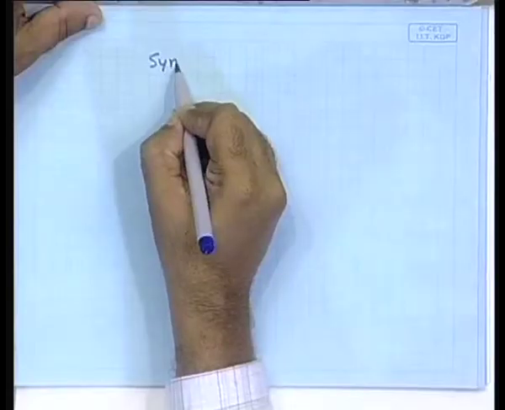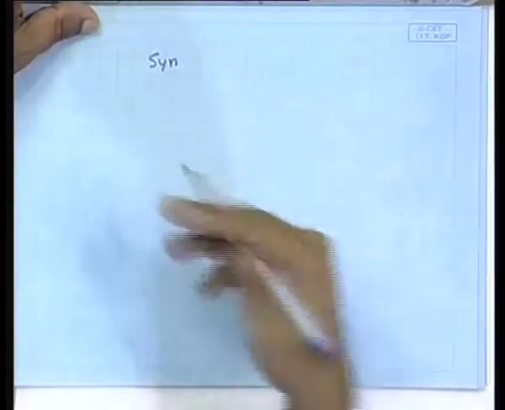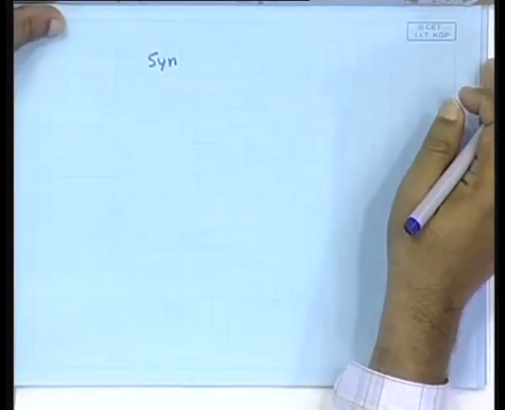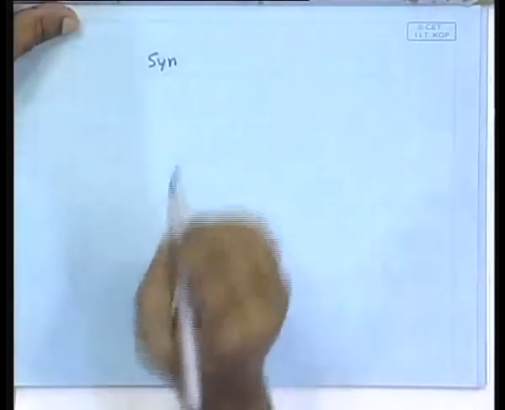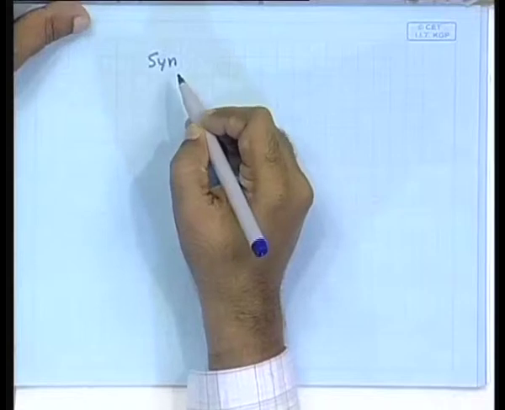One subject I had somewhat jumped, that is the synchronous machine, and you have informed me that you did not have the synchronous machine covered adequately at the first year level. So, let me just give you a brief idea about this machine.